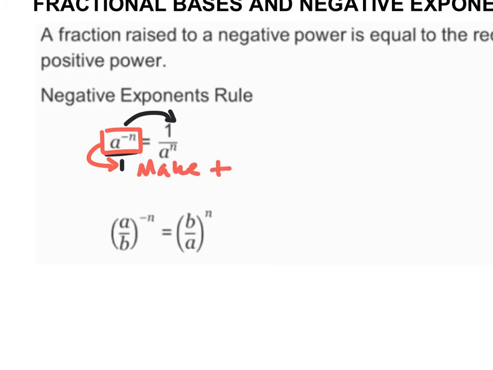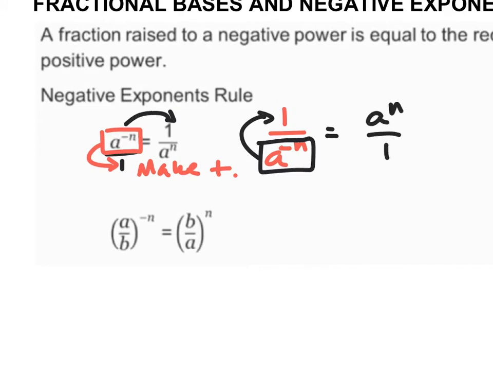Because of that, it also works the other way around. For example, let's say I had 1 over a to the negative n. If I wanted to turn this around, I would take this value, move it to the top, and that gives me a to the n over 1.